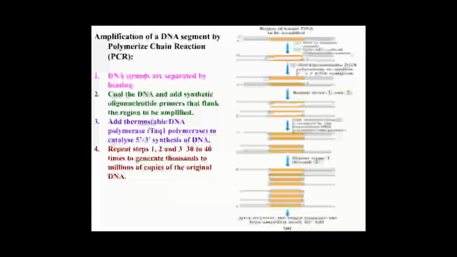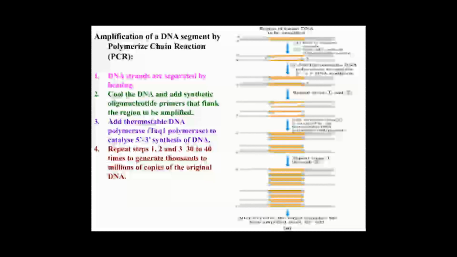Next, we introduce a special enzyme called thermostable DNA polymerase, often Taq polymerase. This enzyme is crucial because it synthesizes a new DNA strand by adding nucleotides in the 5' to 3' direction, starting from the primers. Then we repeat this entire cycle, heating to denature, cooling to allow primer binding, and extending with DNA polymerase, about 30 to 40 times.